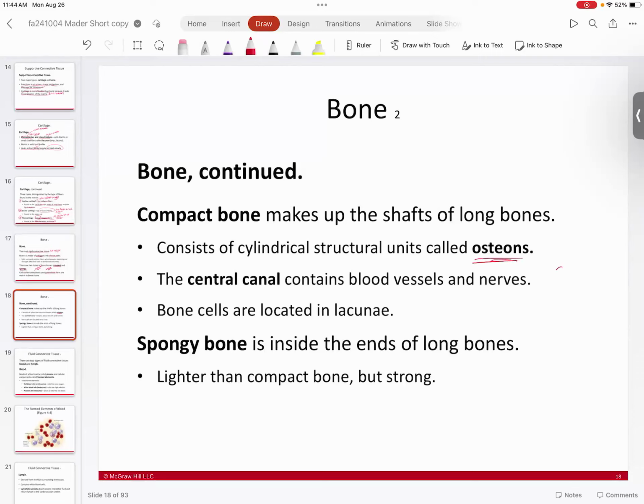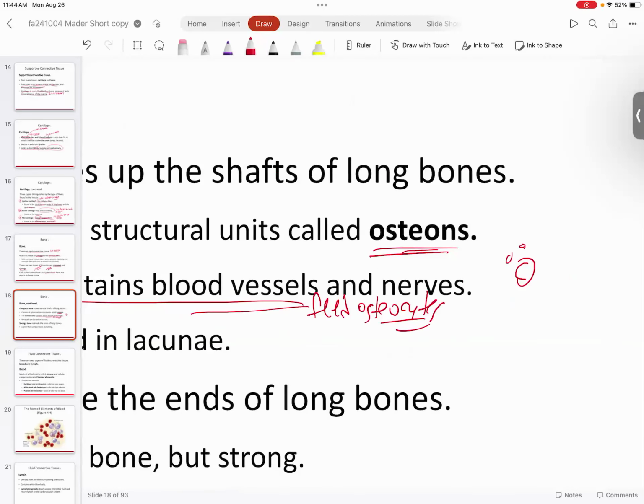So the osteons start off with a central canal, which is basically the blood vessel that goes through the bone itself and feeds the osteocytes. And then what happens is these osteocytes, which are little bone cells, will basically lay down bony matrix around that central canal, and then they'll lay down a second layer around themselves, but they'll create a little hollowing for themselves.